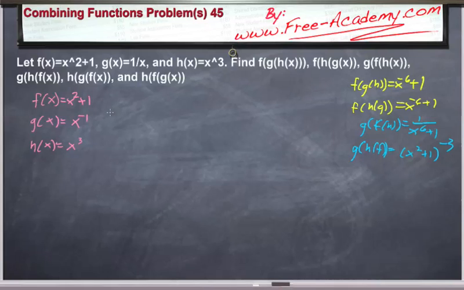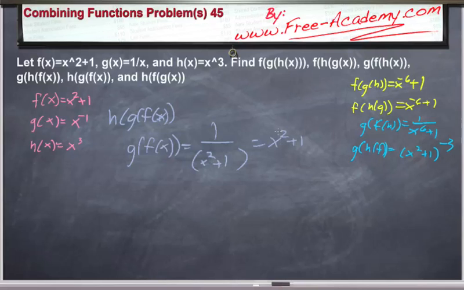Let us now find h of g of f of x. Our g of f of x is going to be equal to 1 over x, with x being equal to f of x, x squared plus 1. X squared plus 1 to the negative 1 power.